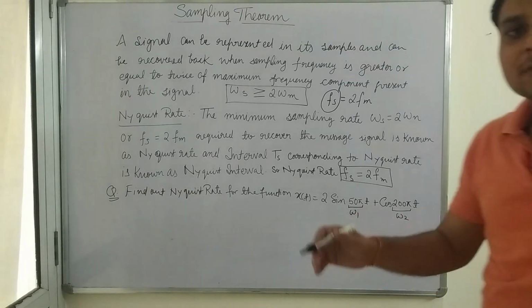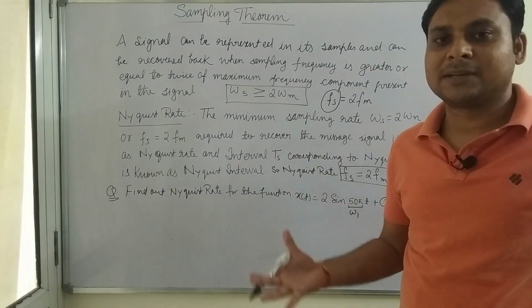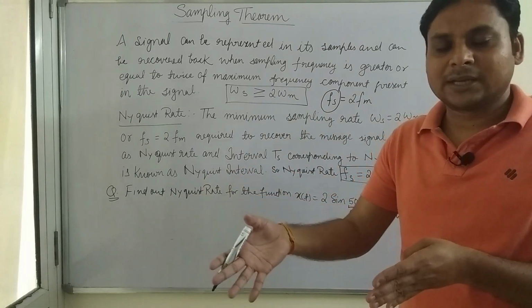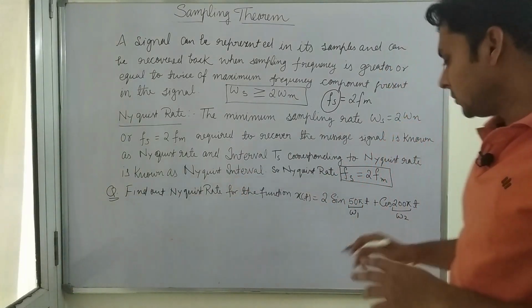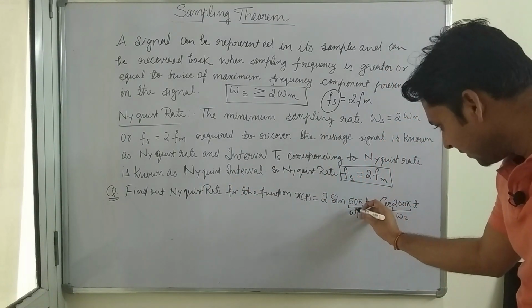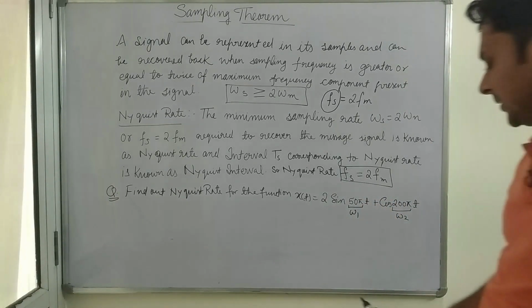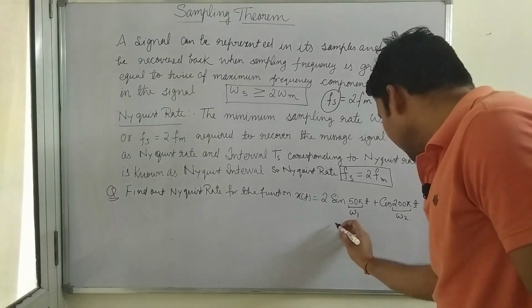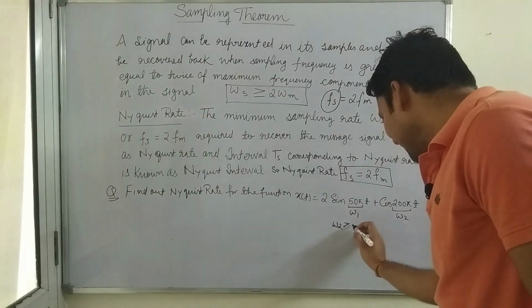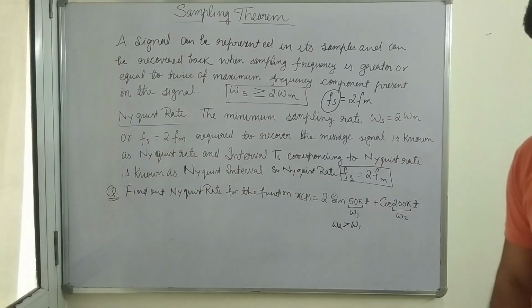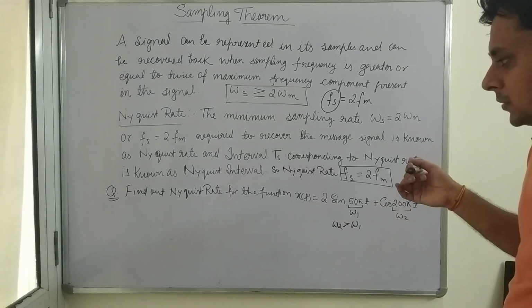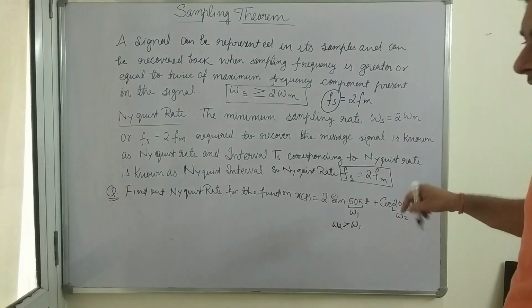Because a sinusoidal function in a signal is written as sine of omega t or cos of omega t, after removing t, whatever is left is known as omega, or angular frequency. Here also we have found omega. Which is greater? We can write omega 2 is greater than omega 1. So in this signal, what is the maximum frequency?